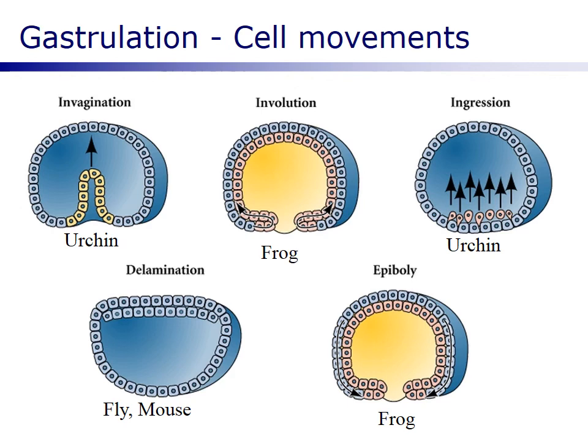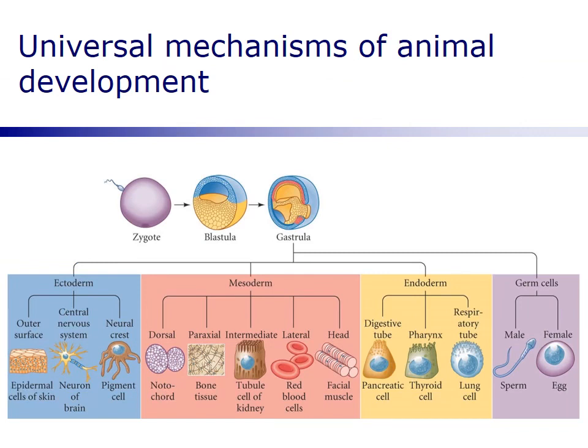Ectoderm formation in sea urchin is an example of epiboly movement. The three germ layers of the gastrula stage will develop different organs of the body through the process known as organogenesis. The universal mechanism of animal development is represented in this slide.